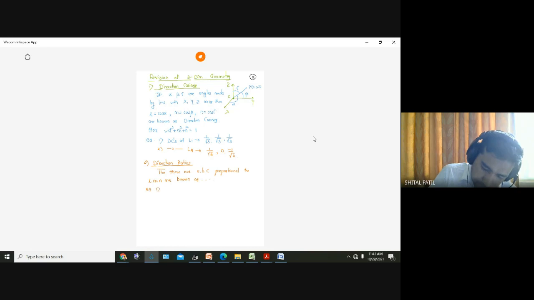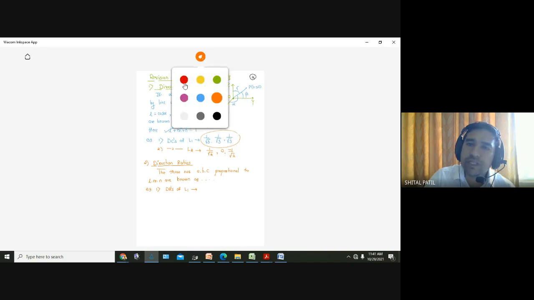For example, DRs of L1, whose direction cosines are 1 upon root 3, 1 upon root 3, 1 upon root 3. We have to find its direction ratios. So what is to be done?